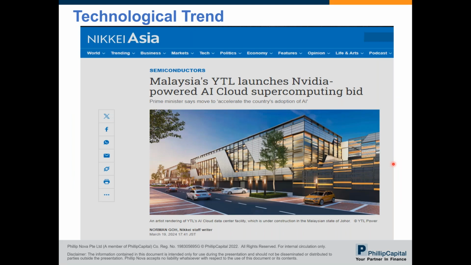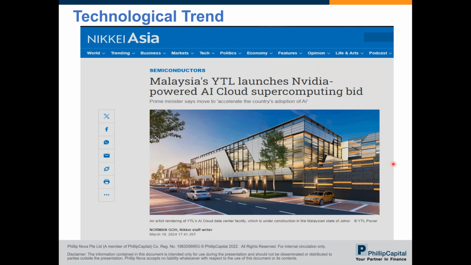Okay, so lastly, I want to touch on something that is not from Singapore. In fact, YTL Power is listed in Bursa market in Malaysia. And it also represents an opportunity when it comes to technological trend.